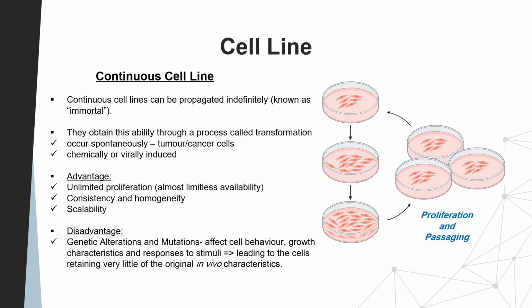Then you have the continuous cell line. Continuous cell lines refer to a population of cells that have been cultured in vitro, but have the ability to proliferate indefinitely under specific cell culture conditions. Unlike finite cell lines, which have a very limited lifespan, continuous cell lines are immortalized and can be maintained in culture indefinitely through many generations.